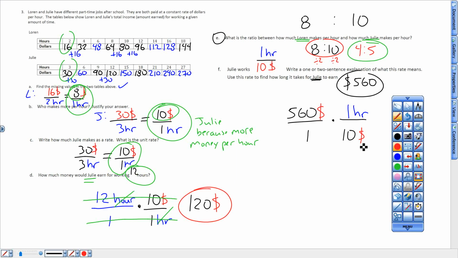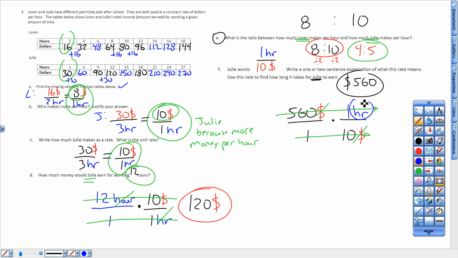And the reason we're doing that is now these will cancel because they're diagonal of each other. Now I'll time straight across. Our unit is the only unit left. So if I times 560 times 1, that gives me 560 on the bottom 10. That's hours. And if I divide that, 560 divided by 10 gives me 56 hours. That's how long it would take to work at that rate to make $560.